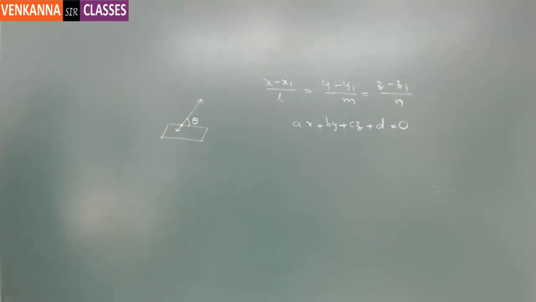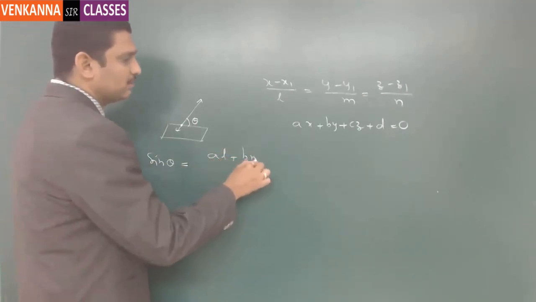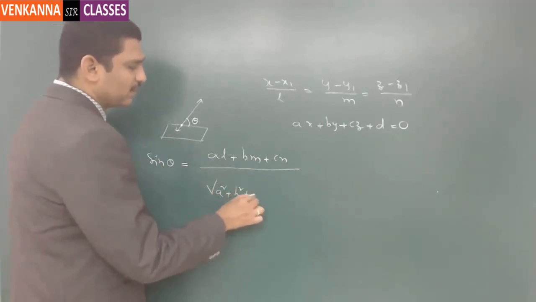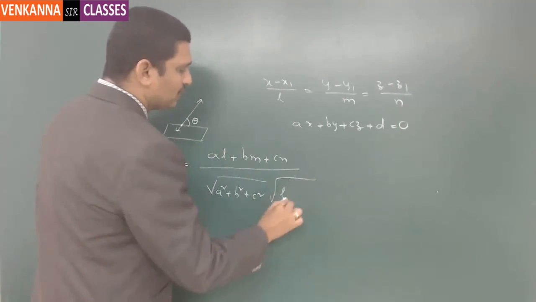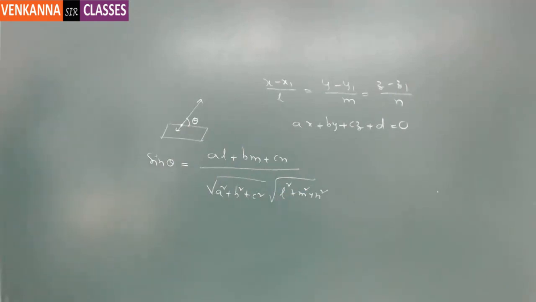For this purpose, there is a small formula. If theta is the angle between the line and the plane, apart from calculating cos theta, here we calculate sin theta. So sin theta is equal to AL plus BM plus CN by square root of A square plus B square plus C square into square root of L square plus M square plus N square. So this is the formula we consider to calculate the angle between line and plane.